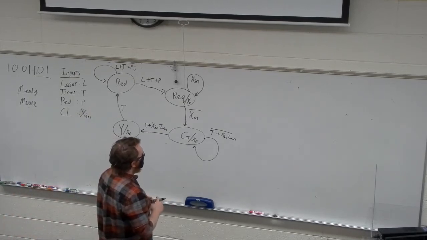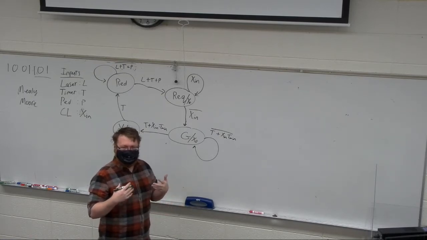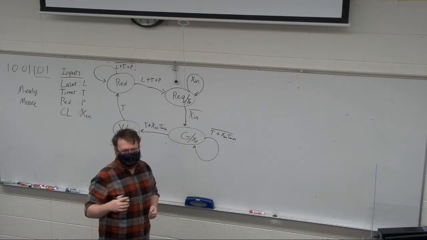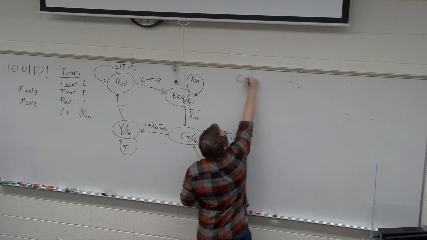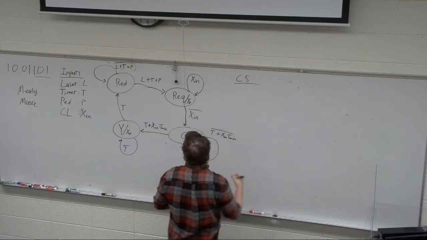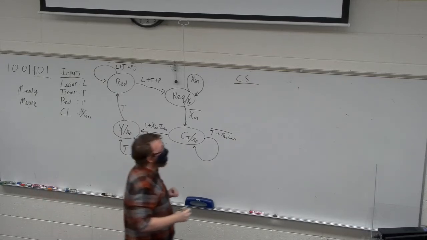Okay, so the state table, if you recall, says we want to worry about what the current state is, what our next state is depending on the inputs, and what the outputs are. The current state: I have 4 states, so 2 bits is just fine.